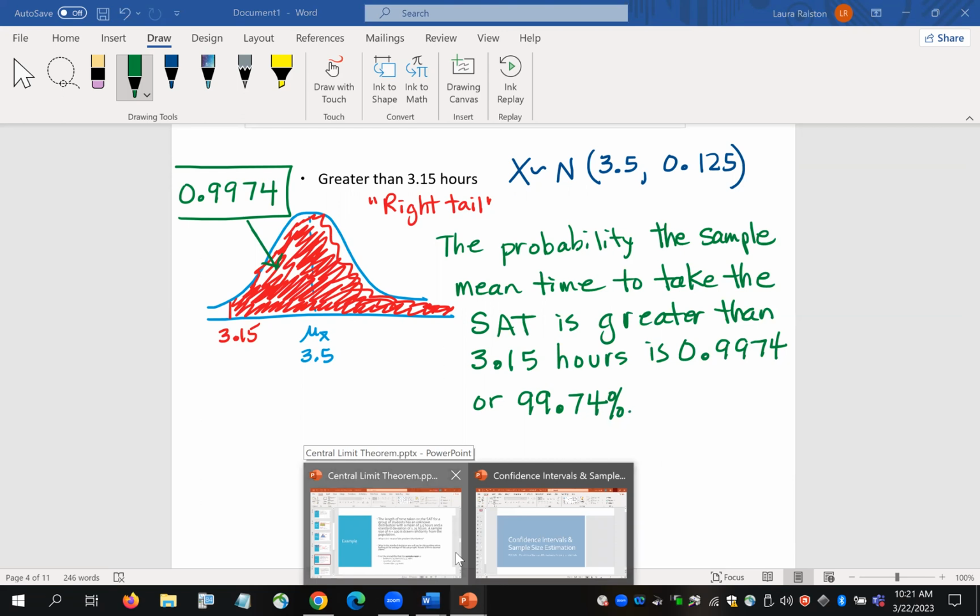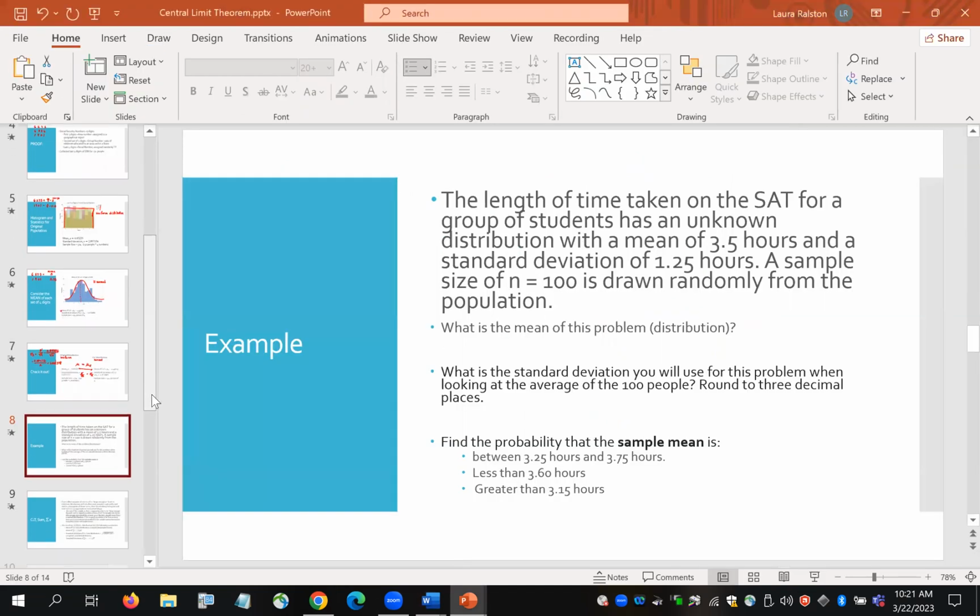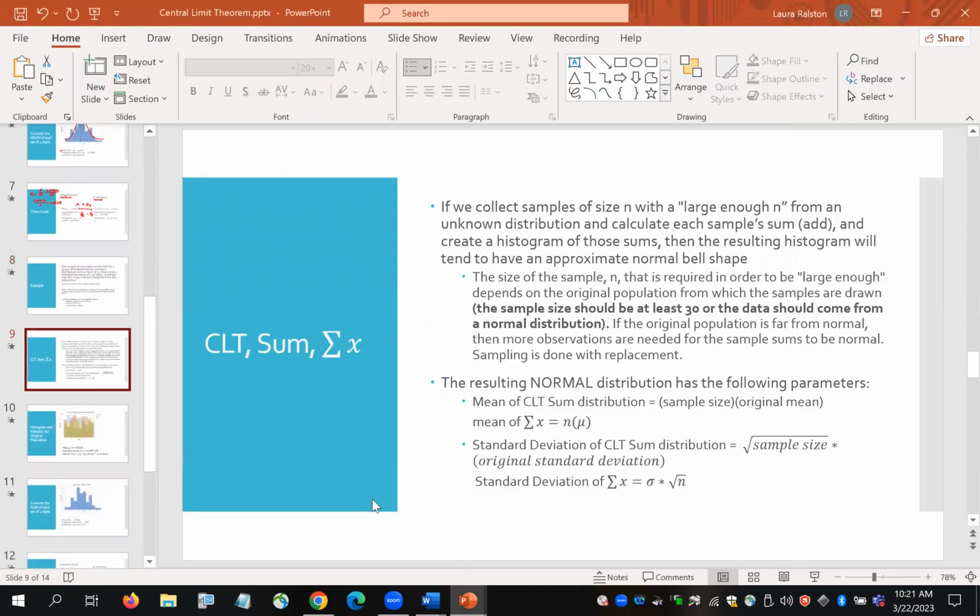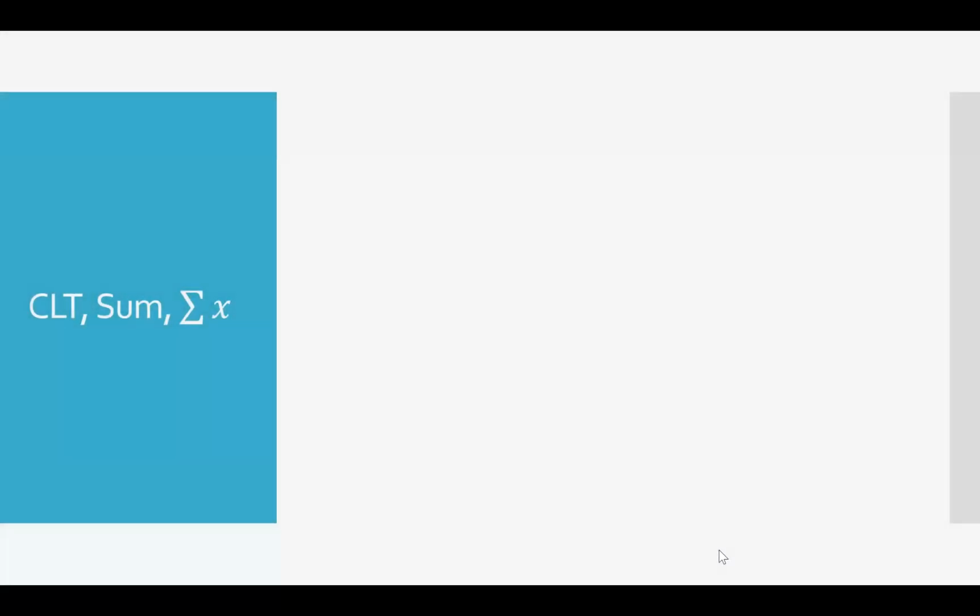All right, so we're going to move on and look at the second version of the central limit theorem. Remember, I told you there were two alternative versions. The first one deals with the mean, and quite honestly, that is the version that I have seen used most often.